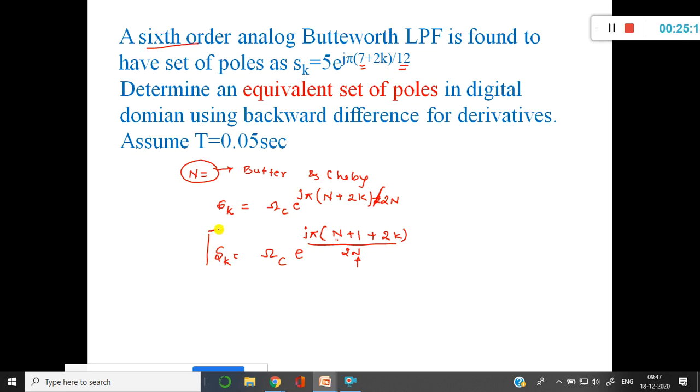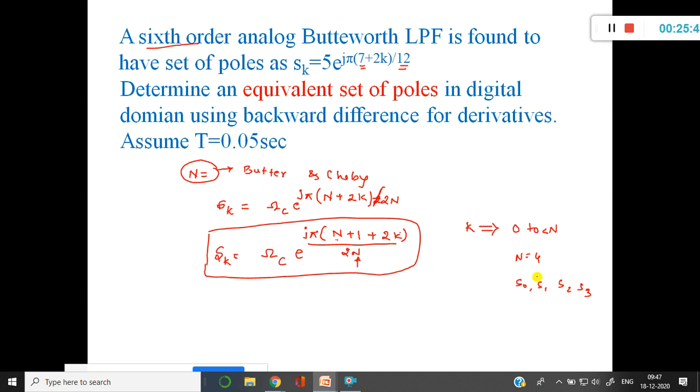This is the formula to find the poles when the order of the filter is given, and this is pole number 1. What is k? K ranges from 0 to less than n, which means that if there are 4 poles, you need to find S0, S1, S2, S3. That is what sk is all about.